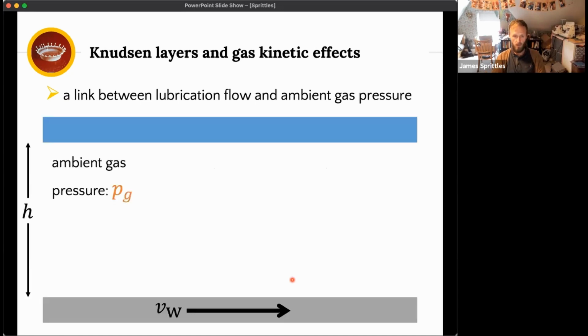To give you a picture of how rarefied gas effects or gas kinetic effects manifest themselves, I'll just consider a simple case where we have some channel. You can think of this as being the film between the drop and the solid, if you like. And let's just think about the solid moving at some speed.